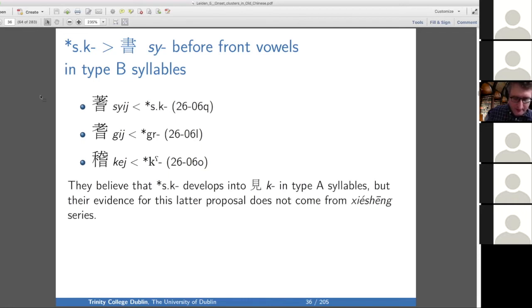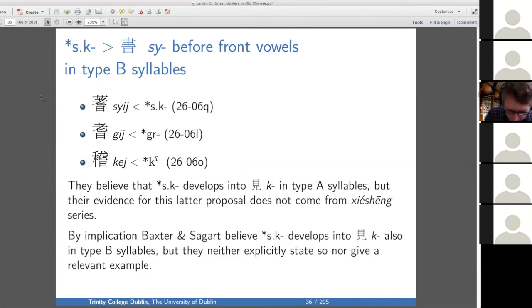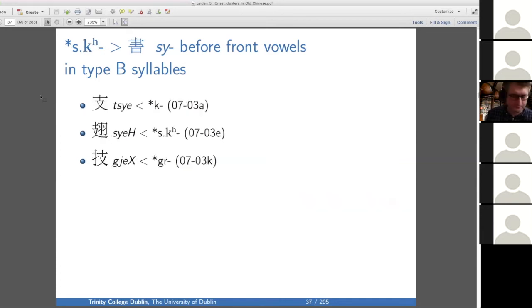I will just mention that Baxter and Sagart think that in type A syllables, ska changes to ka rather than to sh, but they don't use Shesheng evidence for that, so I'm not going to mention it now. By implication, they would say that ska develops into ka also in type B syllables when not in front of high front vowels, but they don't explicitly say that, as far as I can tell.